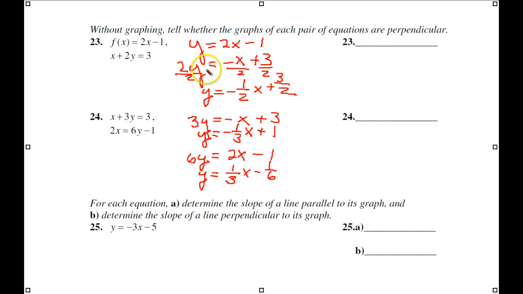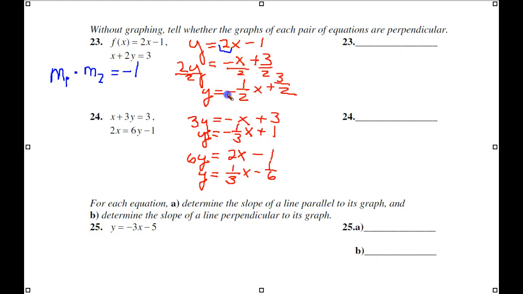Now, as we look at these two for number 23 and 24, we're wondering, does the product m sub 1 times m sub 2 equal a negative 1? Well, again, you have to find out what is the slope. So this is y. Our slope for that first equation is a 2. Then I solve for a positive y here.